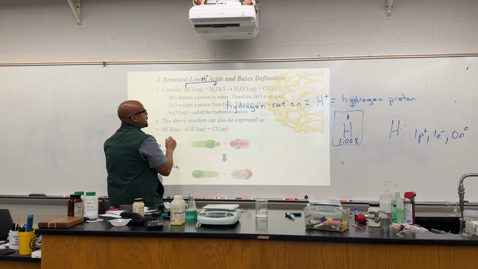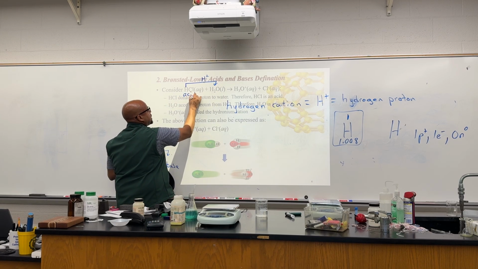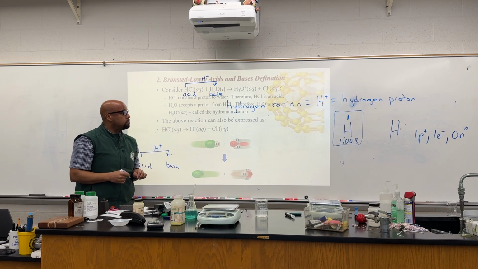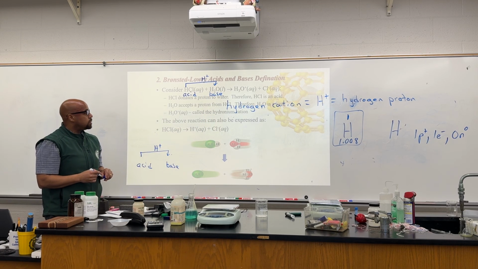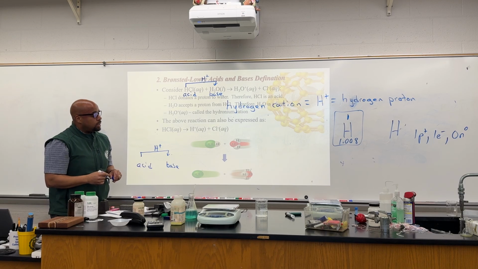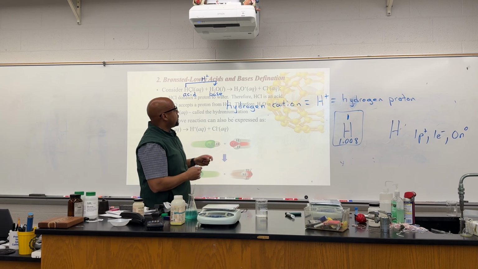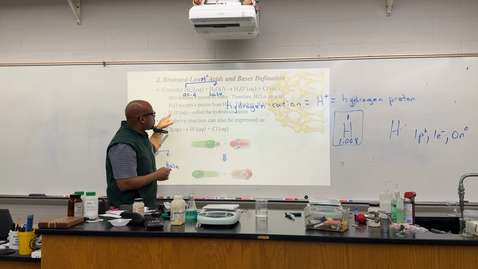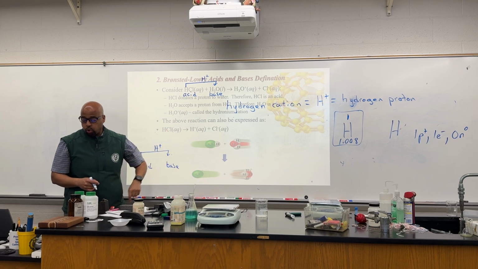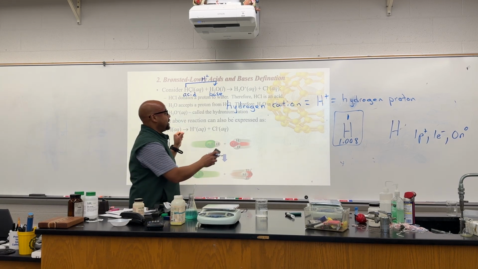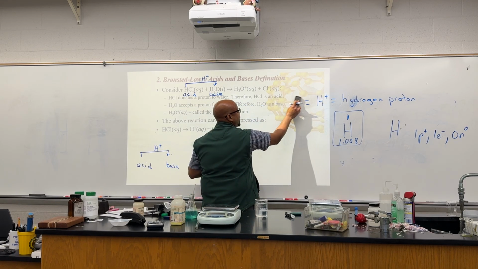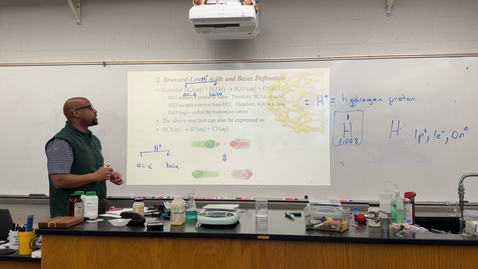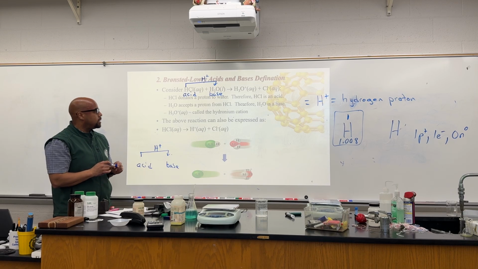So I can go over here and I can simply say, you are my acid, and you are going to be my base in this case. And what you're going to end up producing is this thing called H3O+, which is called the hydronium cation. You've got to be familiar with that. You're going to hear that pretty much throughout this whole entire chapter. It's going to be hydrogen or hydronium cation.